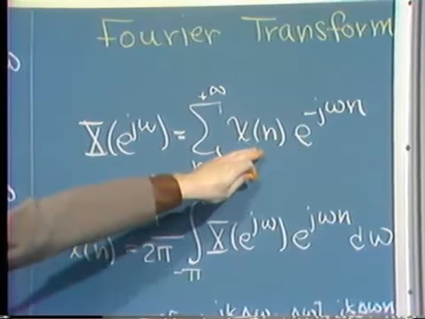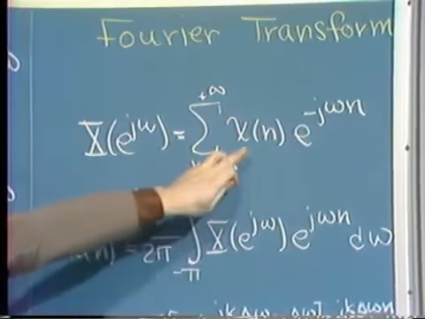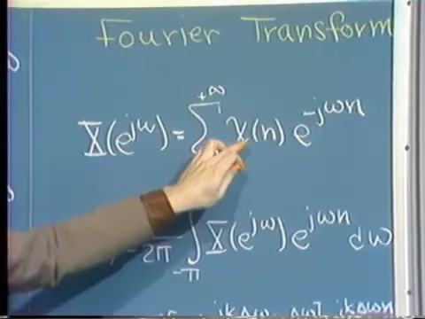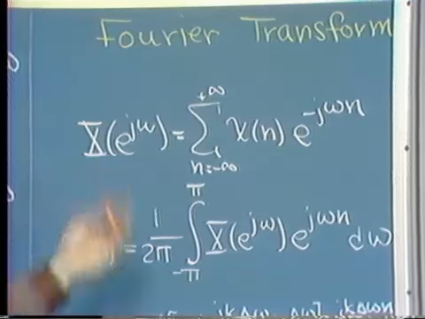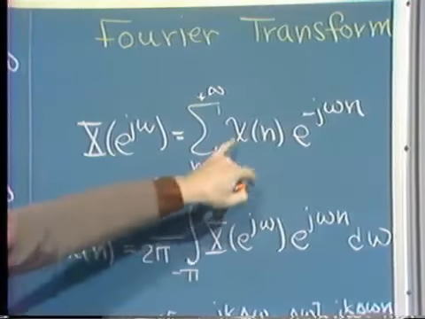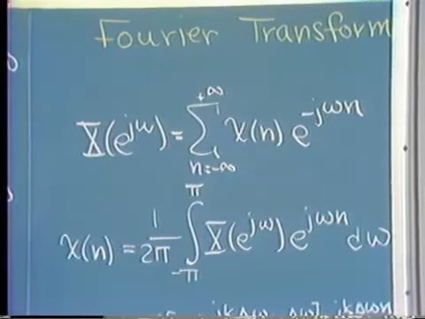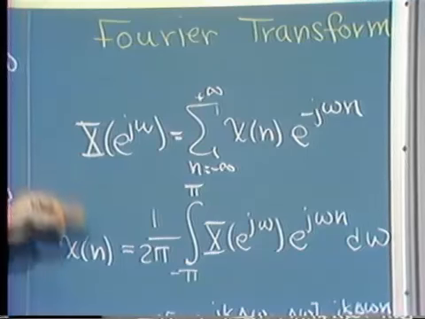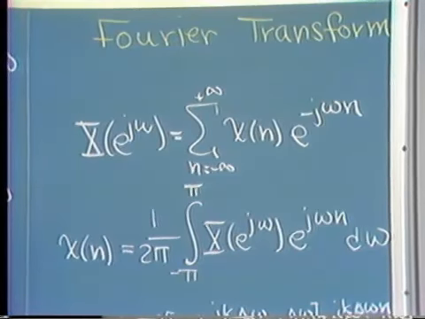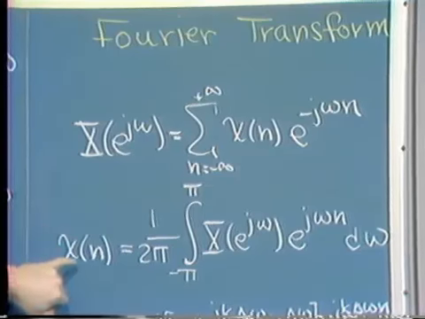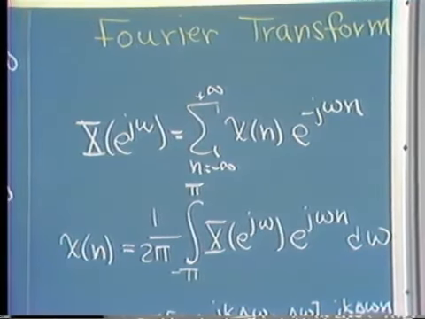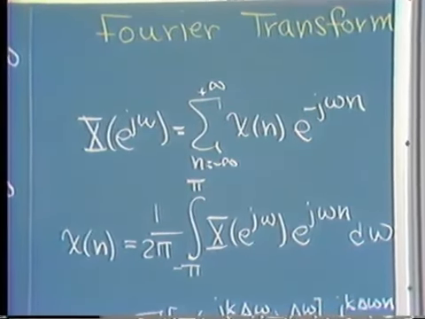The Fourier transform, x of e to the j omega, of a sequence x of n is essentially the frequency response of a system whose unit sample response would be x of n. So then obviously from what we just finished discussing, we have an inverse relationship that tells us what x of n is in terms of x of e to the j omega.